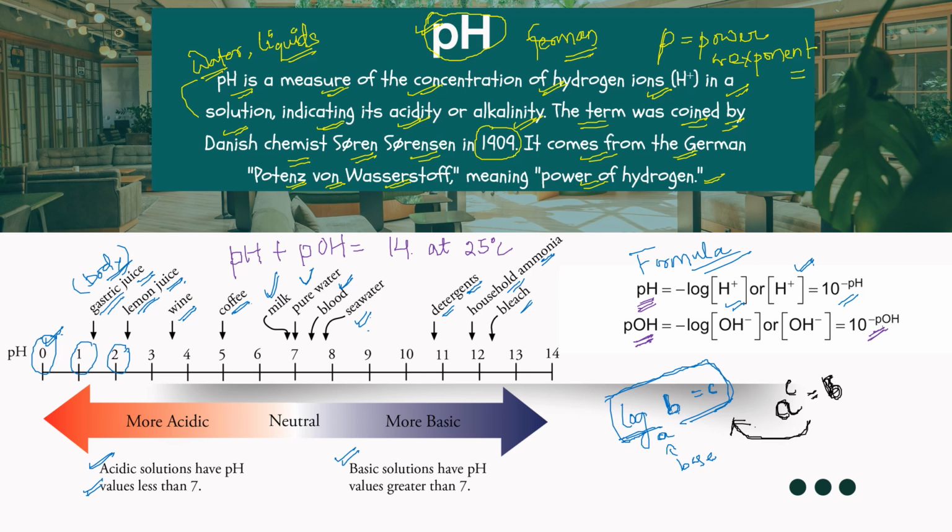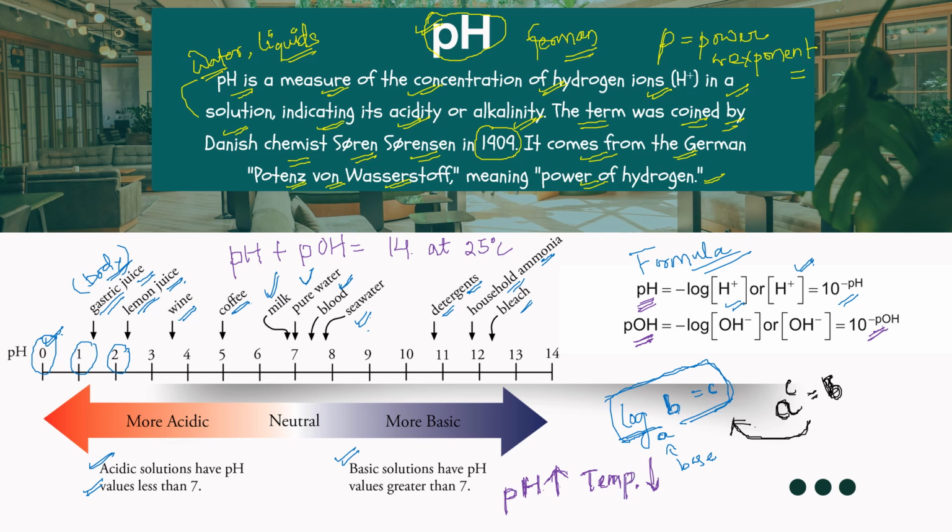There is a relation that whenever pH is high, the temperature should be low. So pH is basically inversely proportional to the temperature.